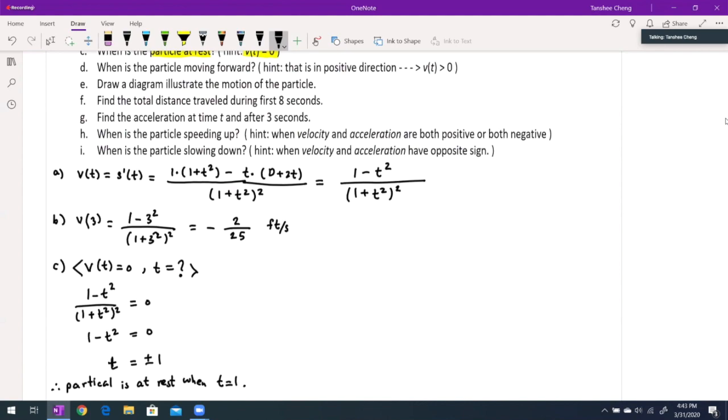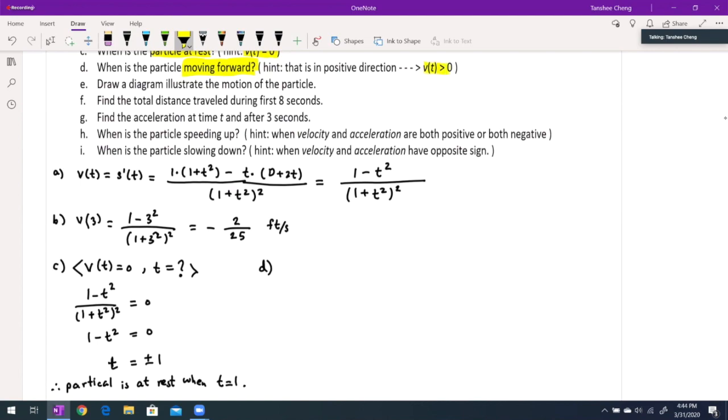Now the next question, part D, is asking when the particle is moving forward.